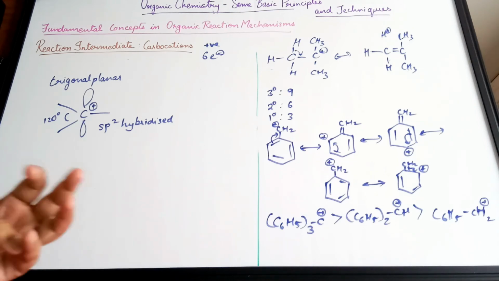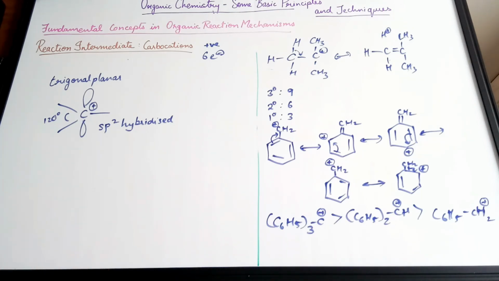In case of primary, you have only 1 carbon, in case of secondary, 2, and tertiary, 3. The stability of the carbocations can be explained using hyperconjugation as well as inductive effects, and in case of a benzyl carbocation, we can explain it using resonance. It is a trigonal planar shape with an angle of 120 degrees, and it is sp2 hybridized. In the next video, we will be discussing carbanion. Do check it out.